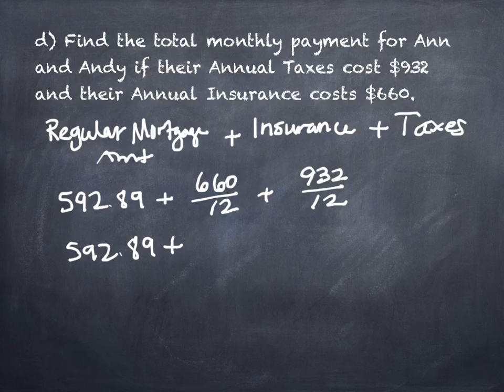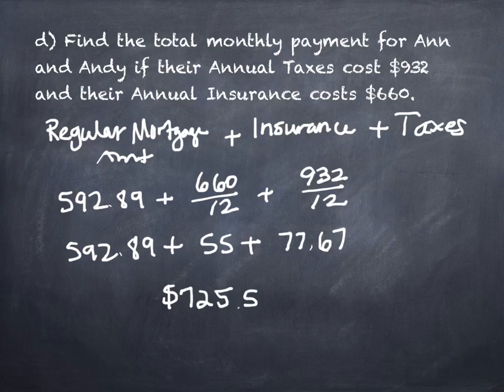The 660 over 12 is actually an even $55. And then the 932 over 12, we'll have to round to two decimal places, is 77.67. And then you can see that we actually have a payment of $725.56. And so what it really costs them, and this doesn't even include maintenance, by owning a home, is $725.56.